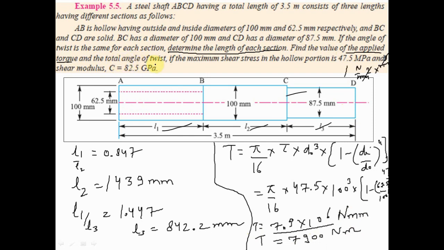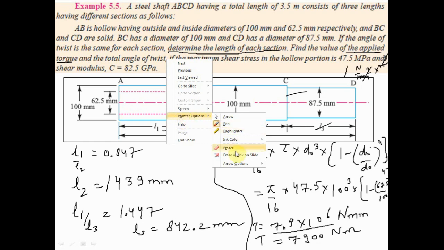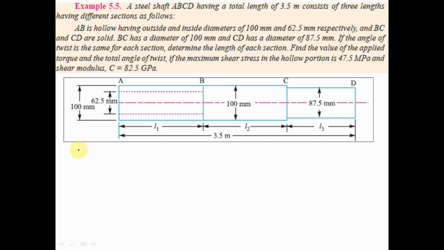So let me erase everything on the screen. We have to find the total angle of twist. Since the shaft is in series, the total angle of twist will be the angle of twist corresponding to the individual sections AB, BC, CD.